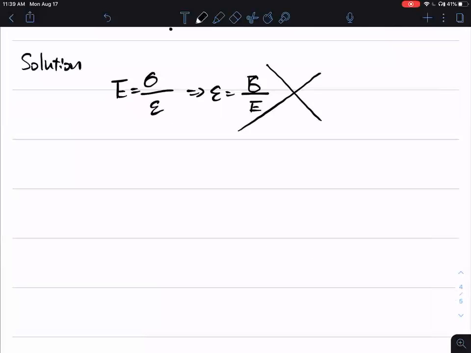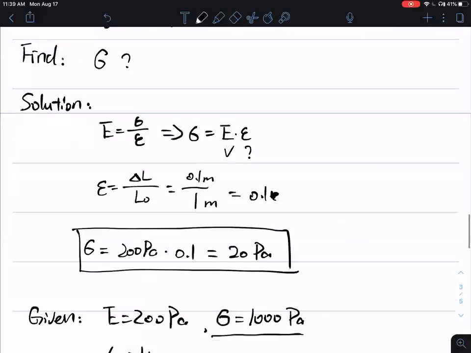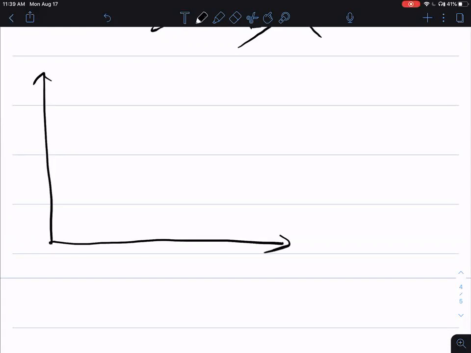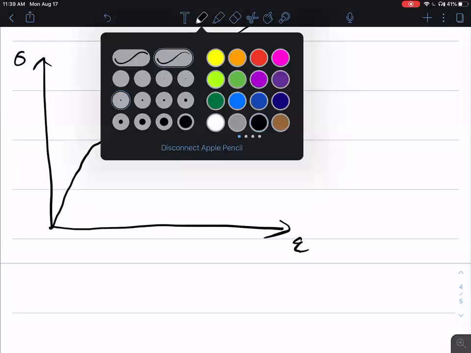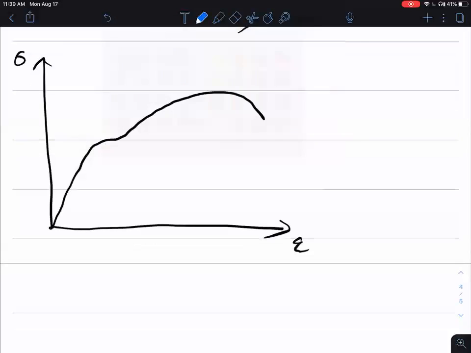All right. Okay, next thing. We're going to talk about what's called elastic recovery. So we have a stress strain diagram. Let me ask you a few questions.